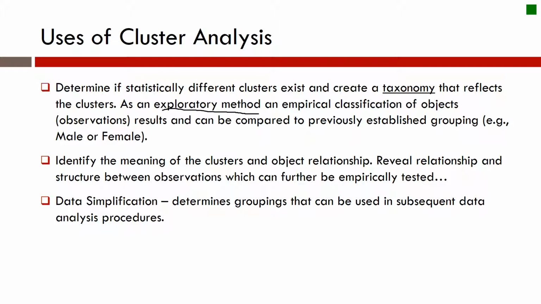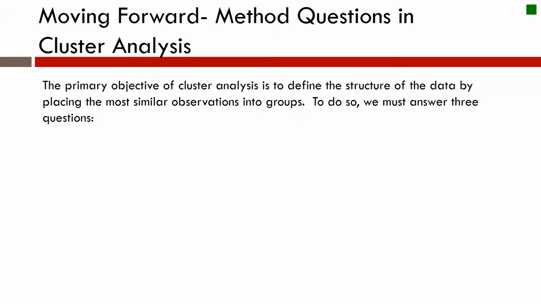Again, it will be a little bit different from discriminant analysis in the sense that variates aren't necessarily created. But what we do create are groups of consumers as opposed to groups of variables, and the groups of consumers that go together create their own function, if you will, even though it's not explicitly designed that way.